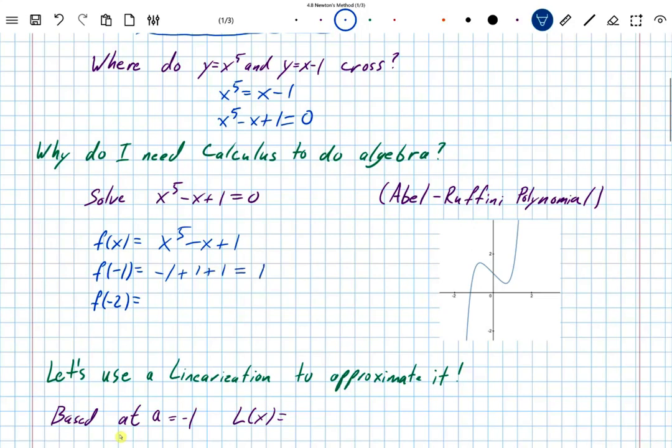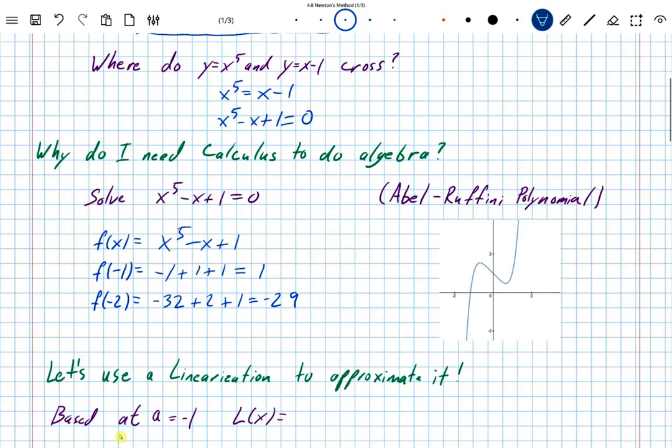Notice that (-1)^5 is in fact -1. At -2, (-2)^5 is -32, plus 2 plus 1 is equal to -29. Now you're asking, Austin, why do I care that this is 1 and -29?